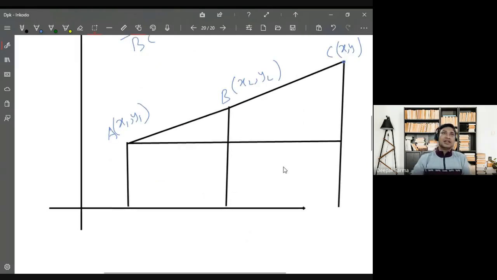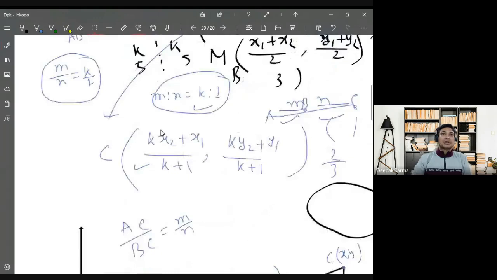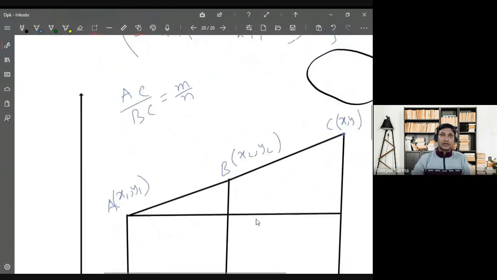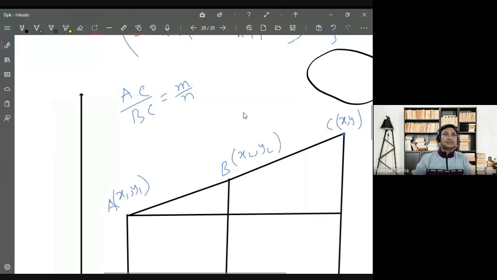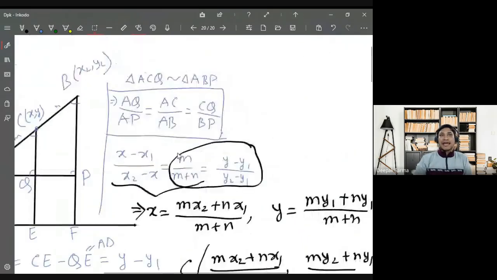Now what will happen? Instead of earlier what we had, m by n in the ratio, because after all you will have a ratio AB by AC in the ratio. So in the middle part, earlier what we had, it is m by m plus n. Do you remember? In the middle part I had m by m plus n.